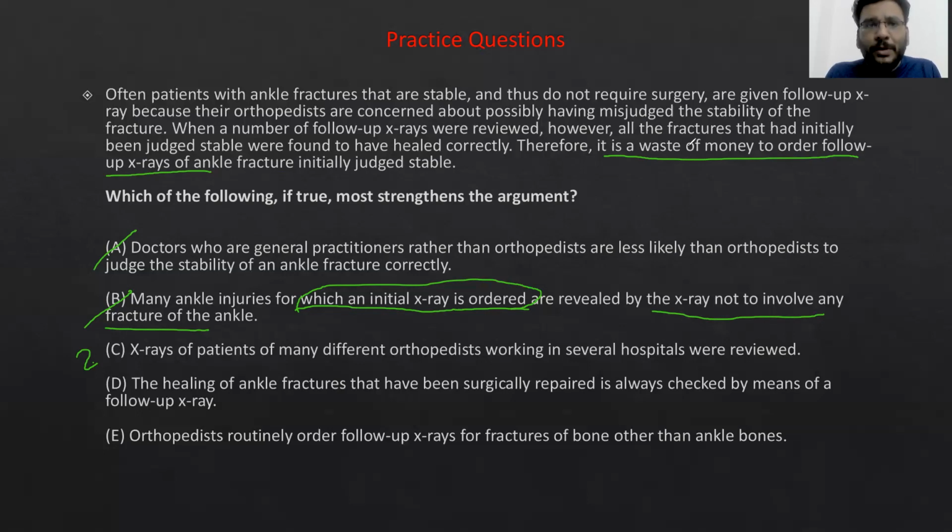Now, what do we know about the review? It says a number of follow-up X-rays were reviewed. Now, do we know how many people's fractures were reviewed? Do we know the number of X-rays being reviewed? It only suggests a number of X-rays being reviewed.